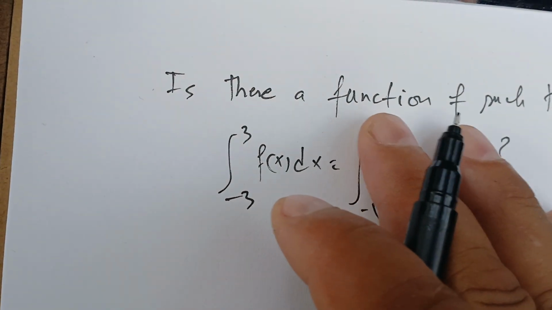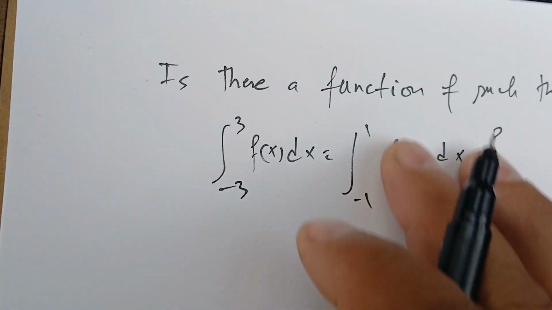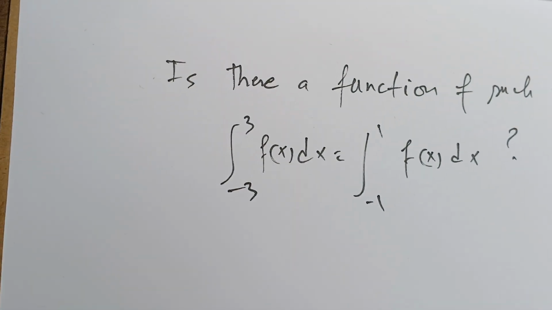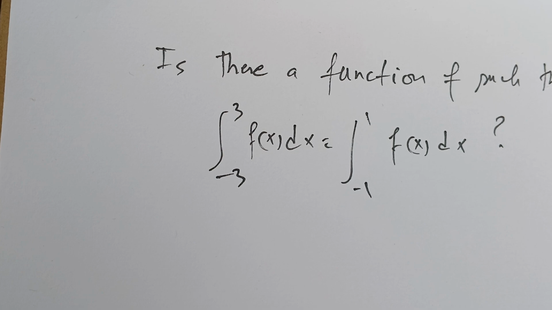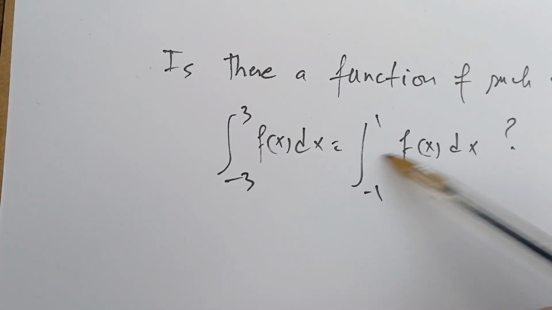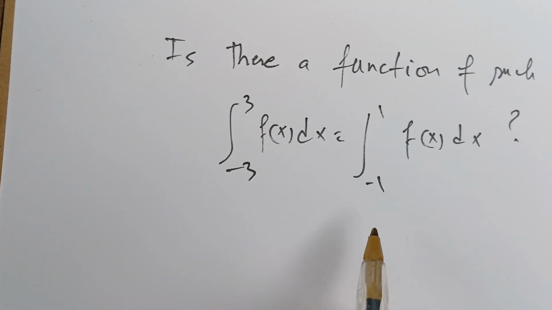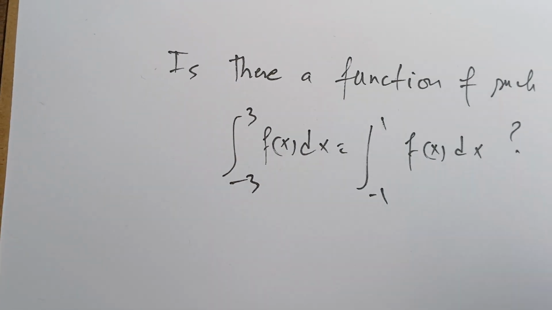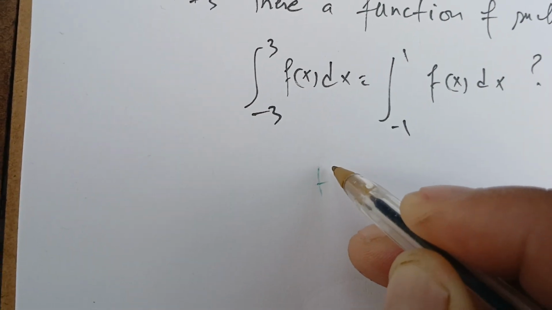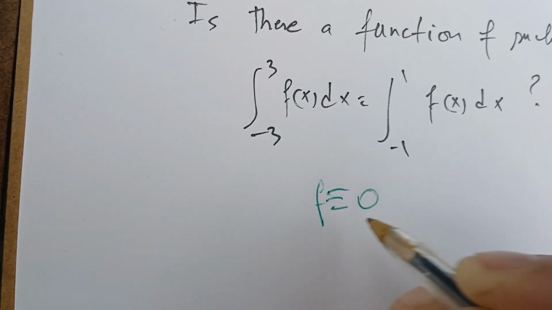If we look carefully, this might seem very difficult to find, but the question is asking, can you find a function that would satisfy something like this? The first thing that I can try is to let f be the zero function.